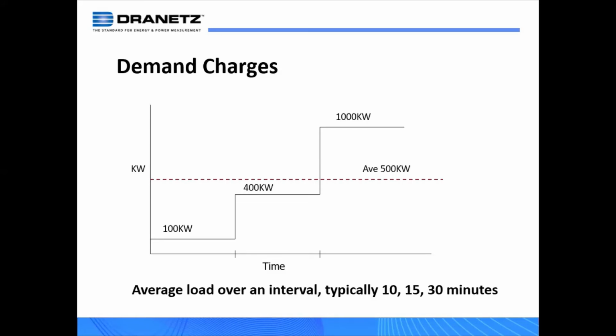And if that is the highest demand interval, a lot of the instrumentation, demand meters, or instrumentation that is capable of providing demand data keep track of the highest demand interval of the billing period, and that becomes your demand charge.